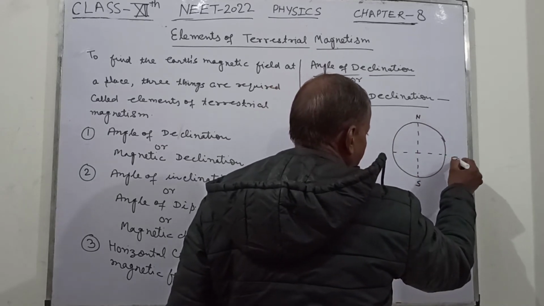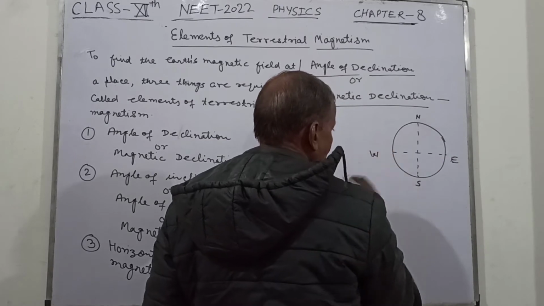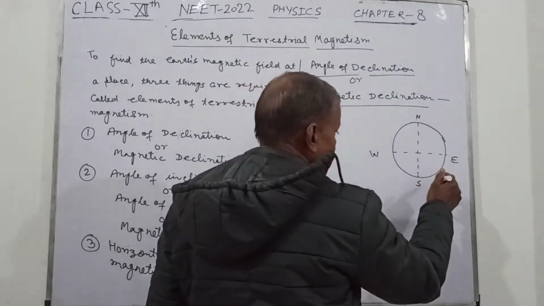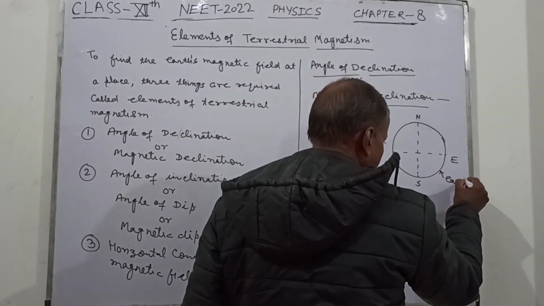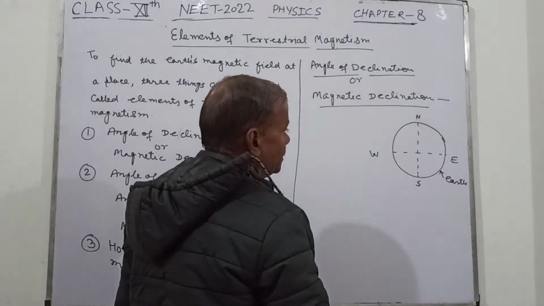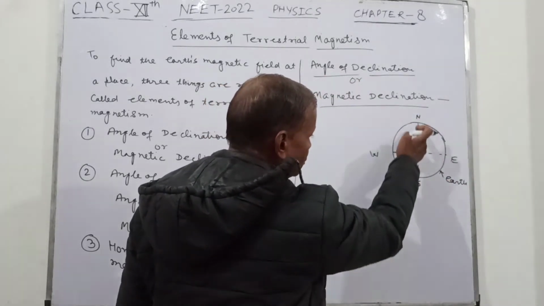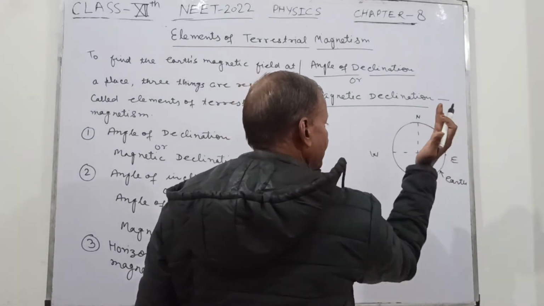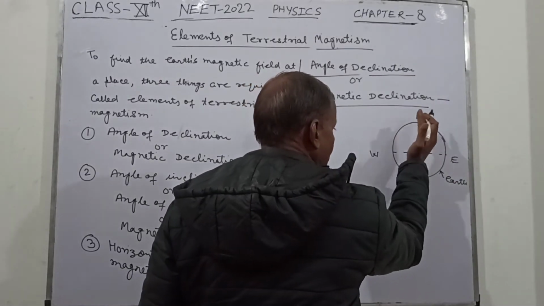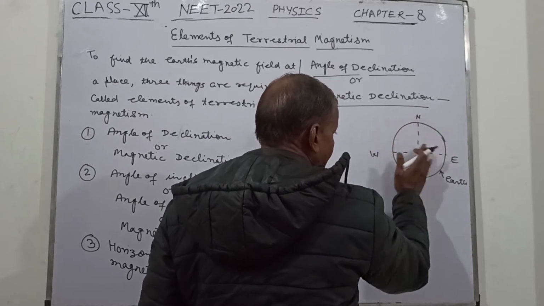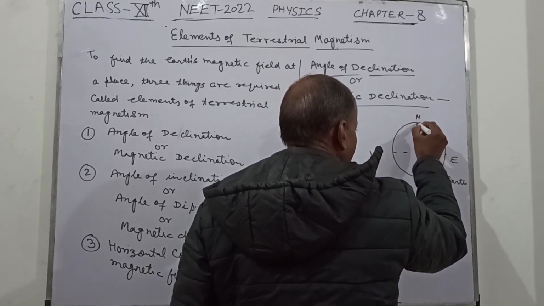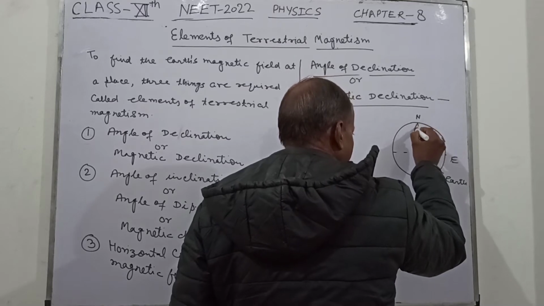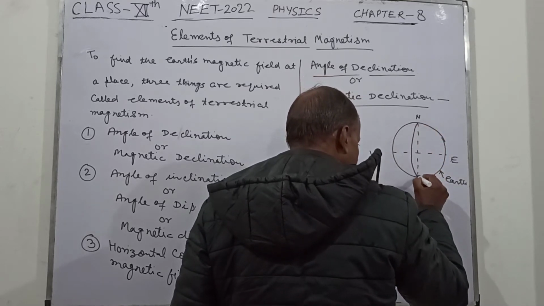This is east and this is west. So this is the line joining the north and south, and we draw a plane perpendicular to this plane and passing through this NS. That is called the geographic meridian.